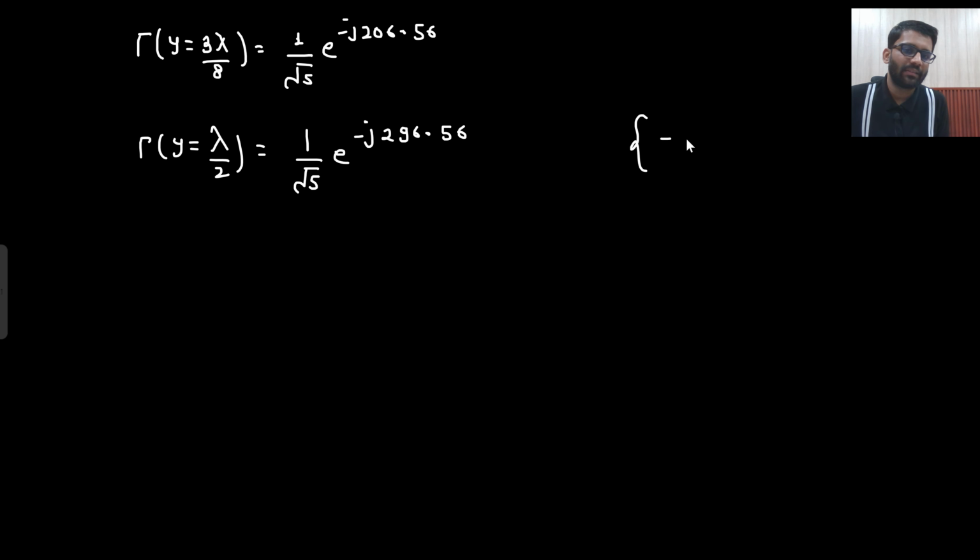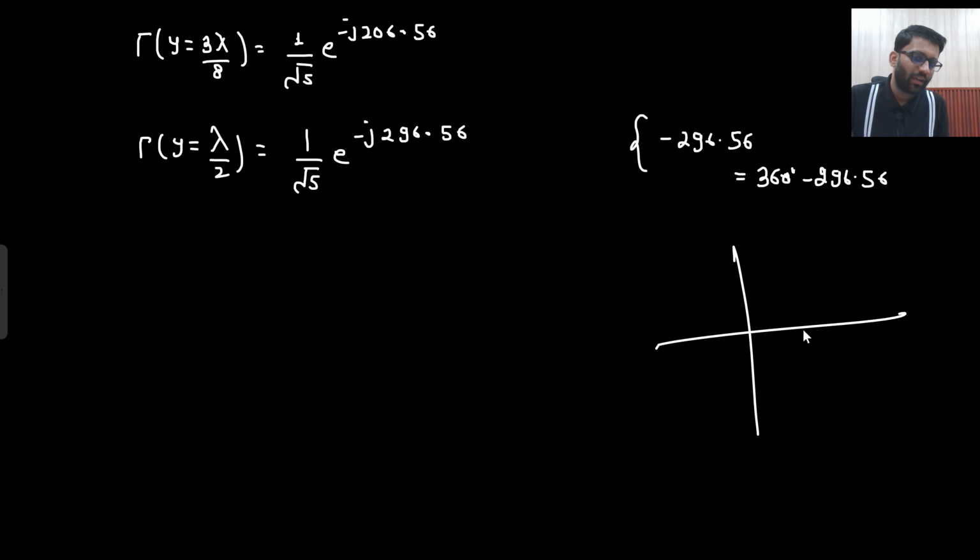Now what will happen? At lambda by 2 we are doing. So another 90 degree will be subtracted, minus 90. What that would be? Minus 296.56. Now you let me know one thing. What is this angle equal to? Minus 296.56. This angle is equal to 360 degree minus 296.56, right?